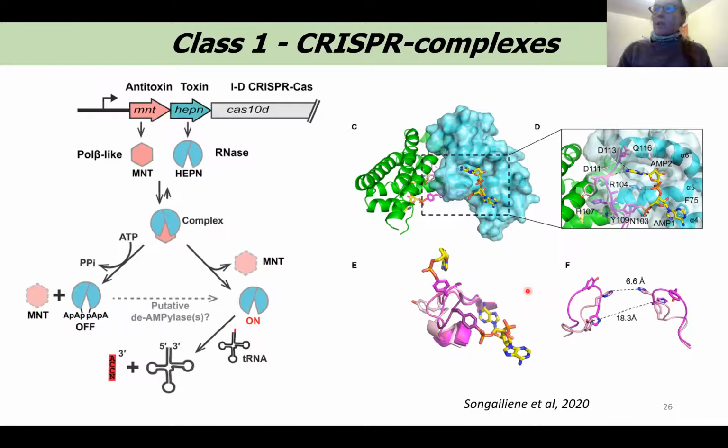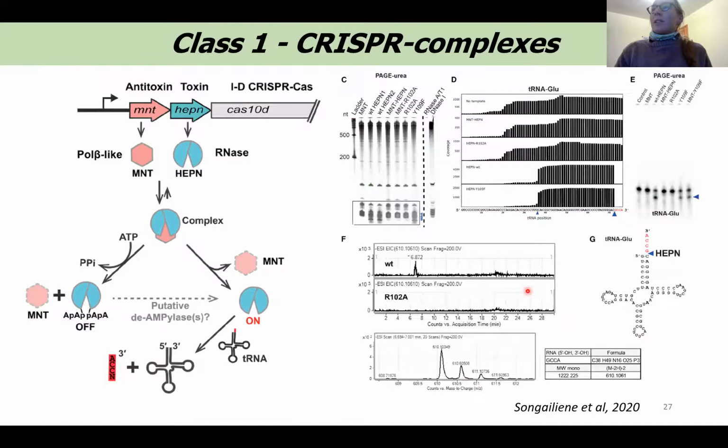And this is our crystal structure, and also this is a very complicated slide. The main message of this slide is that it cleaves tRNA. And actually we needed quite a lot of experiments to prove that, because it was different from the results of other groups.